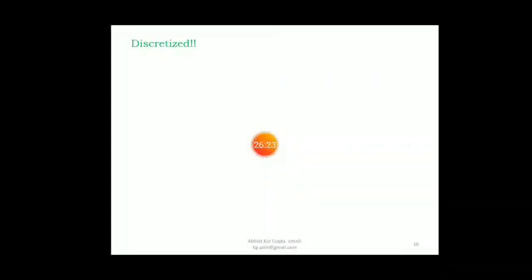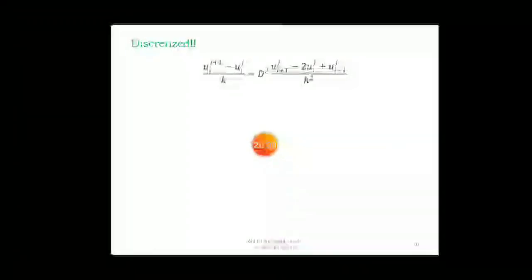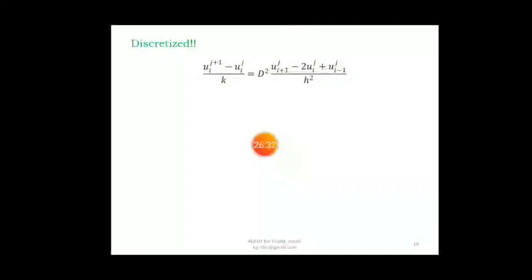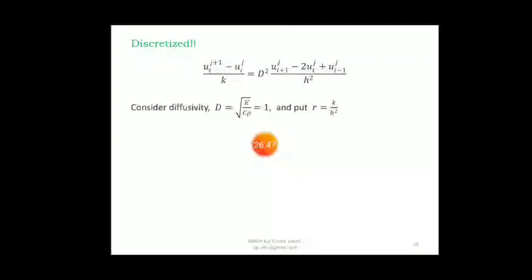And so the discretized formula now looks like this: u(i, j+1) minus u(i, j) by k is your delta t, remember this, and equal to D square, u(i+1, j) minus 2 u(i, j) plus u(i-1, j) by h square, right? So what is your D? D, for a rod that you are heating for the heat propagation, you may consider D equal to root over of K by c rho.